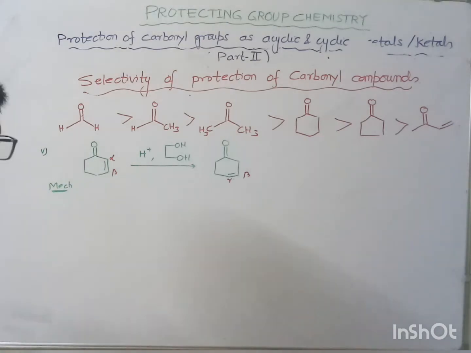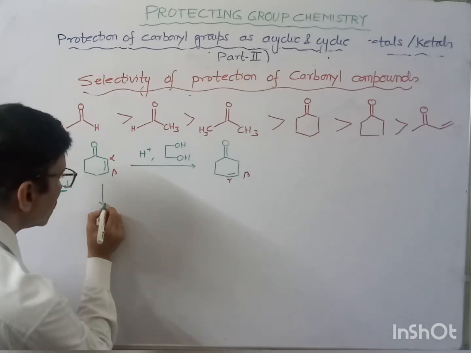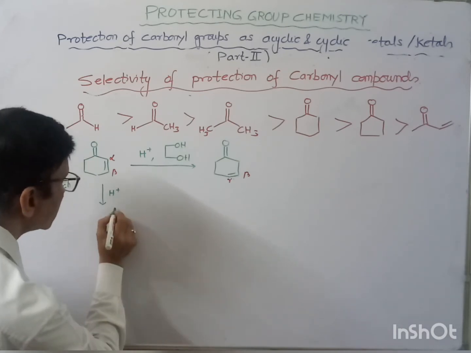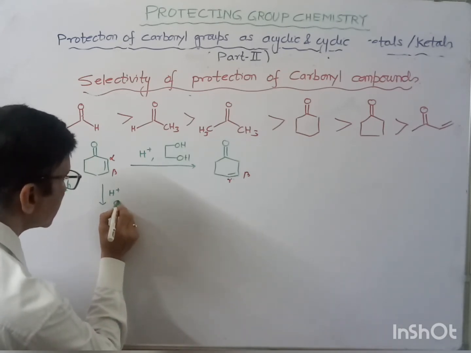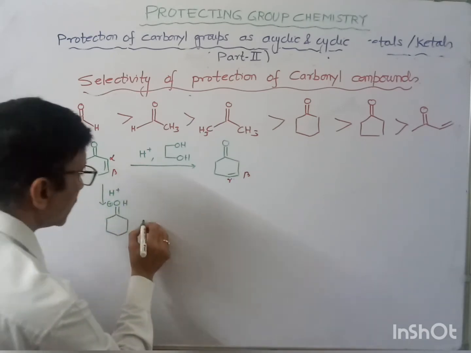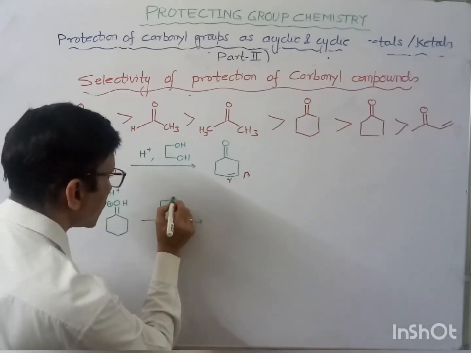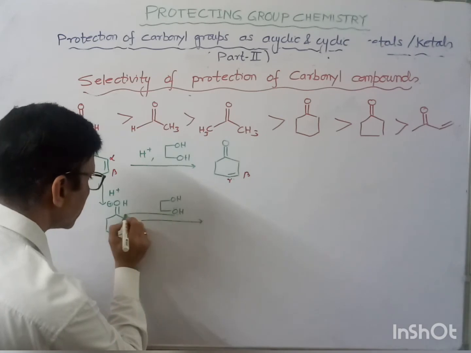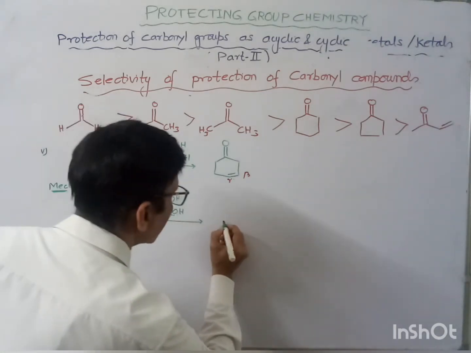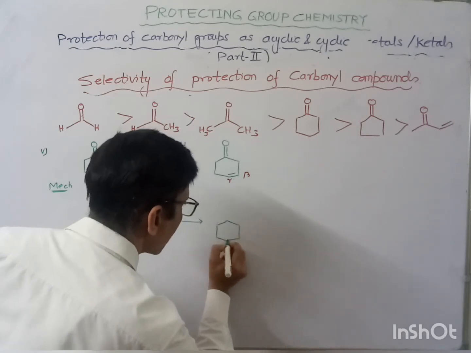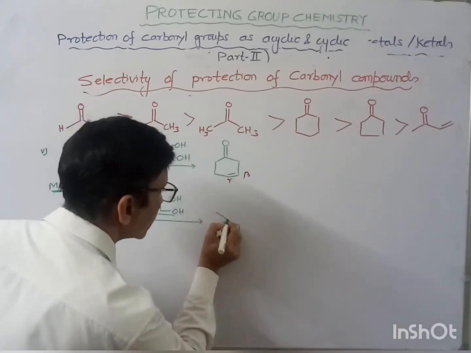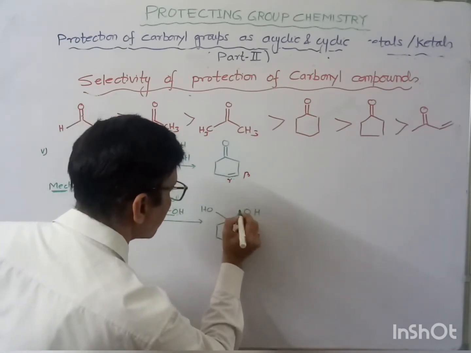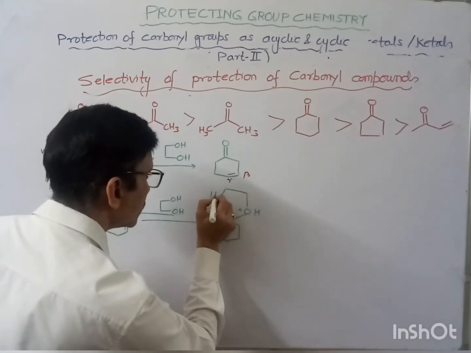Okay, first of all, in presence of this acid, to generate an electrophilic center, this will get protonated, and now this diol nucleophile will attack over this electrophilic center, and we get the double bond present over here. This is the OH and this is OH.